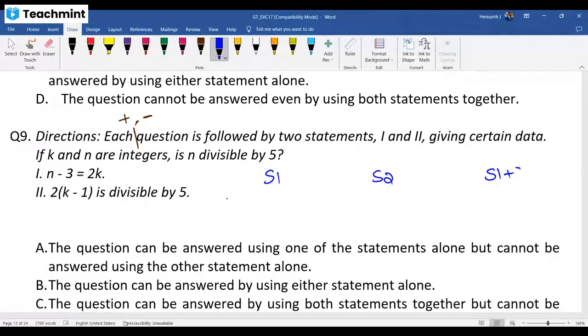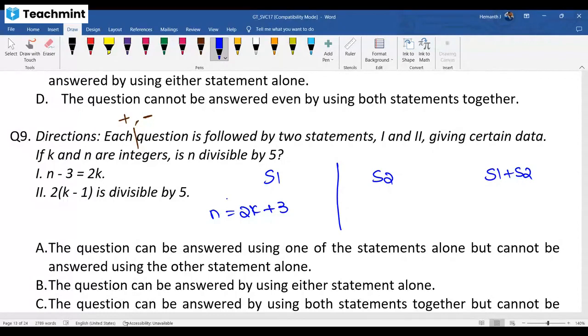Statement 1 alone: n minus 3 equals 2k, so n equals 2k plus 3. Is n divisible by 5? For k value 1 maybe, but for k value 2, doubt. If k is some particular numbers, then okay, but not for all numbers. So for k value 1 divisible, for k value 2 not divisible.